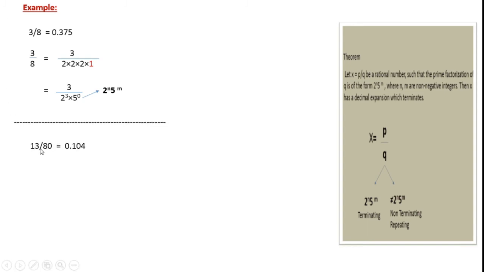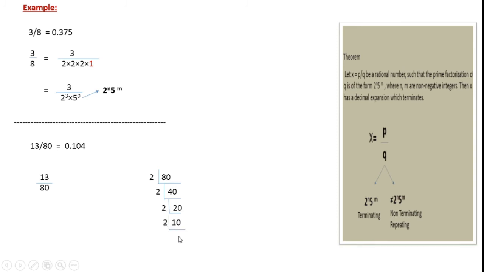The next one, 13 by 80. We have to check the prime factorization of 80. See here, the least prime number 2. 80 divided by 2 gives 40, again 2, 20, again 2, 10.